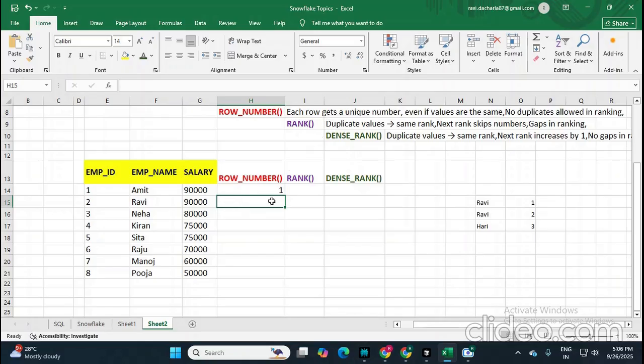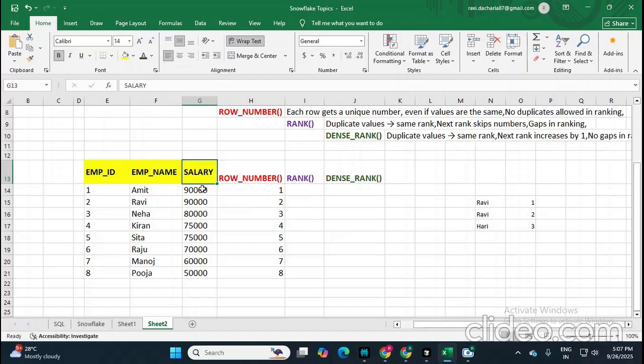So 2, 3, 4, 5, 6, 7, and 8. Got it? These are the row numbers for the salary.